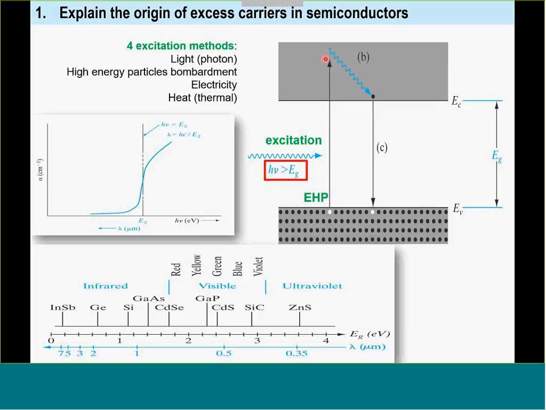And then, since it has more energy than the E gap, part of it is going to be lost in lattice scattering, where it actually heats up the semiconductor. The rest, when it jumps back down to the valence band during recombination, comes out as a photon.